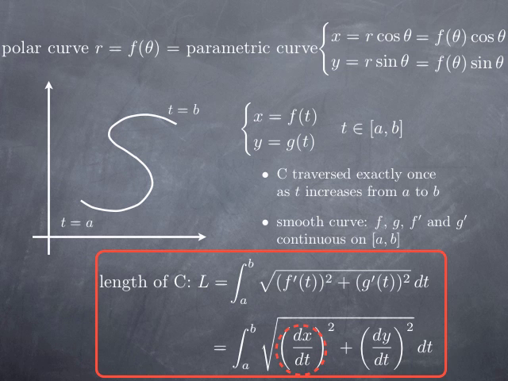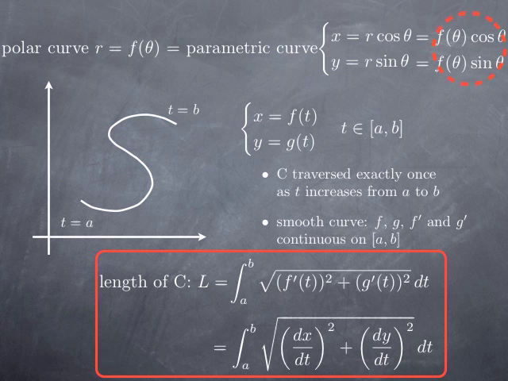So that means that in our case, we're going to have to calculate the derivative of x with respect to a parameter, which in this case is theta, and the derivative of y. So we have to calculate the derivative of both x and y, not with respect to t, but in our case the parameter is not t but theta.